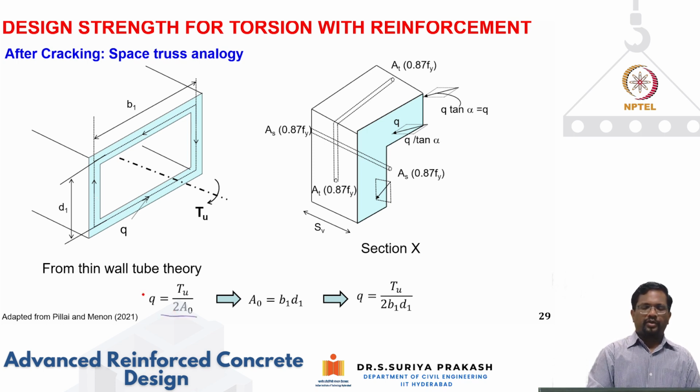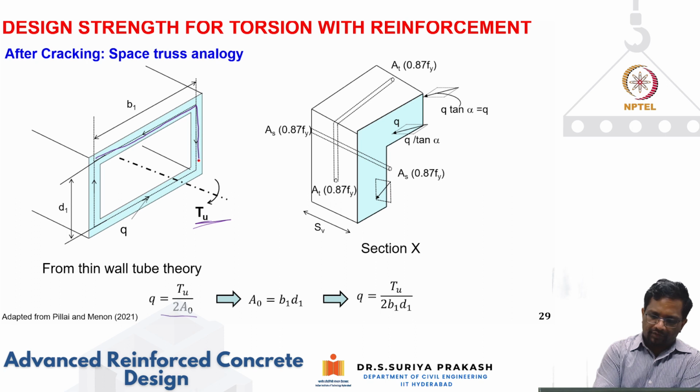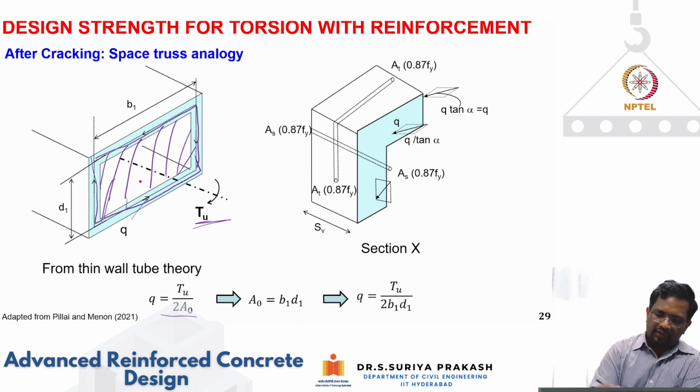We know how to calculate shear flow for an applied torsional moment, let's say T_u. The q can be calculated as T_u divided by 2 times A_o. What is A_o? A_o is the area enclosed by the center line of this tube. So for example, in this case, let's say this is the center line of the tube. Again, A_o is the area enclosed within this.